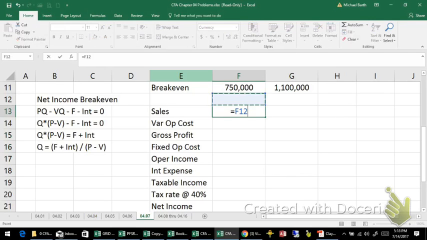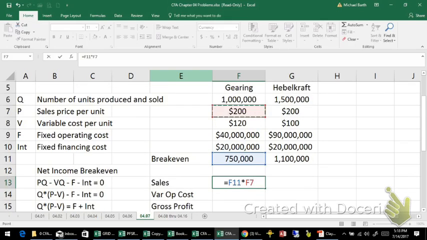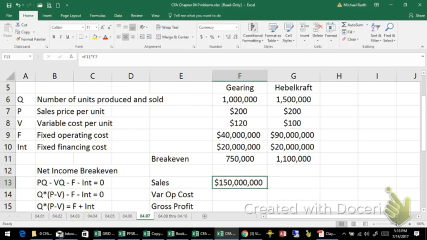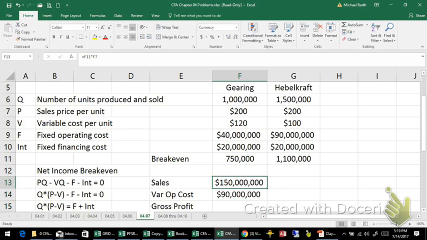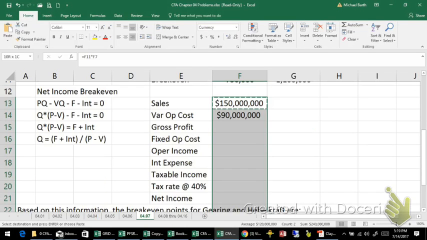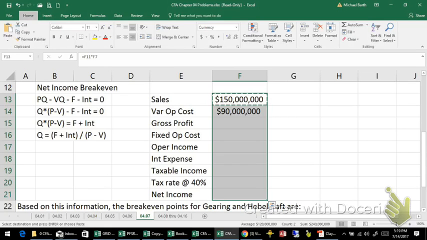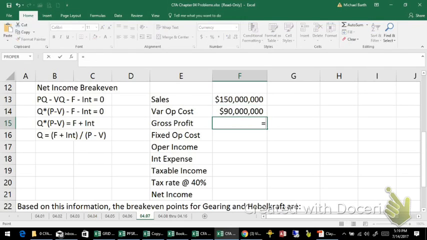Alright, so sales would be 750,000 units times $200 per unit. The variable operating cost, 750,000 units times $120 per unit. Just format all this up to make it nice. So the gross profit would be revenue minus variable cost.